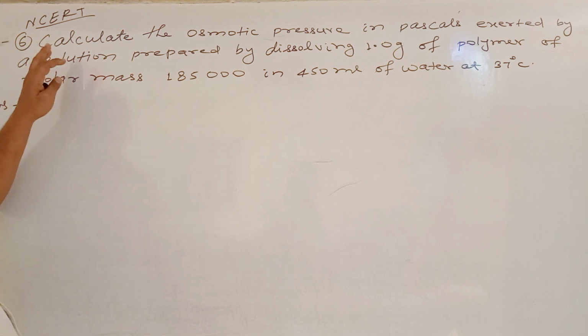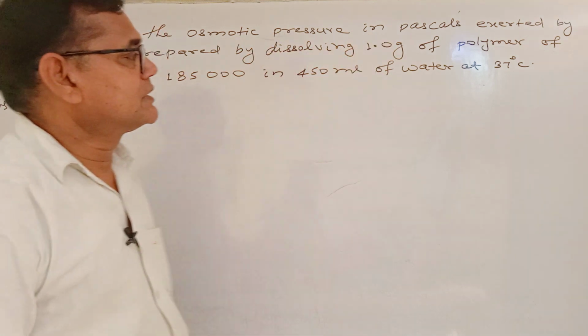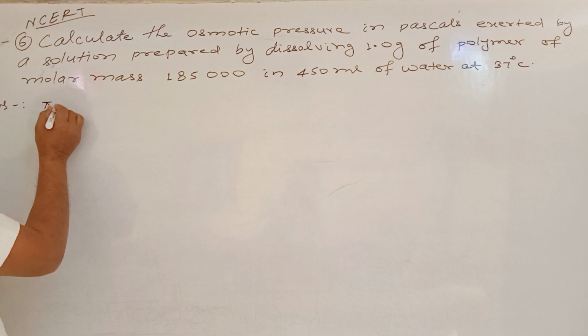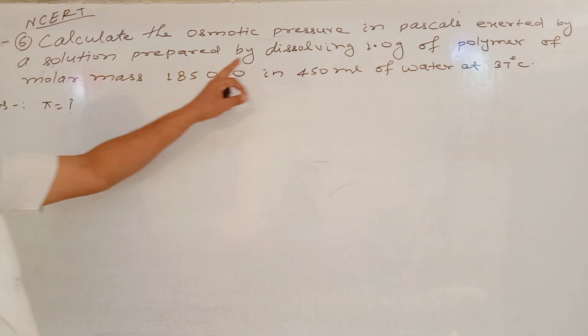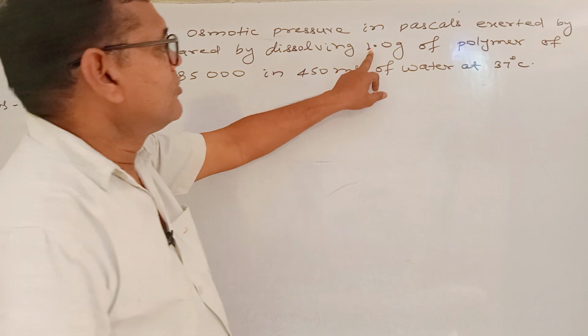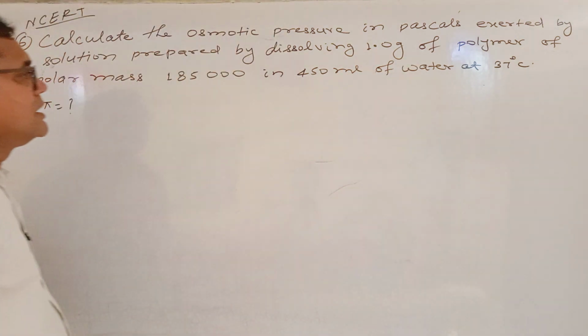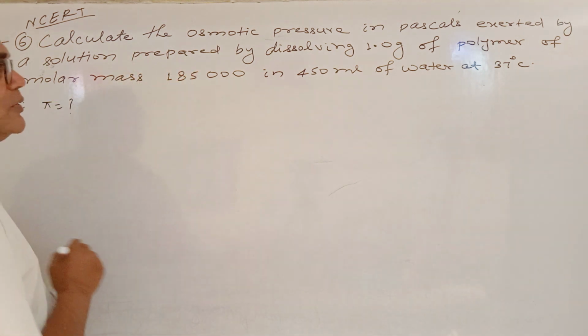Question asked, calculate the osmotic pressure in Pascal. Therefore, we write pi is equal to what? A solution prepared by dissolving 1.0 gram of polymer. In the question, polymer is a solute. The mass of polymer is 1.0 gram.